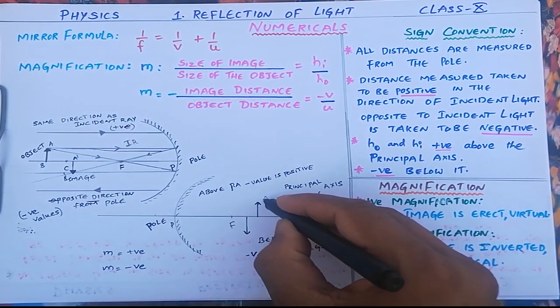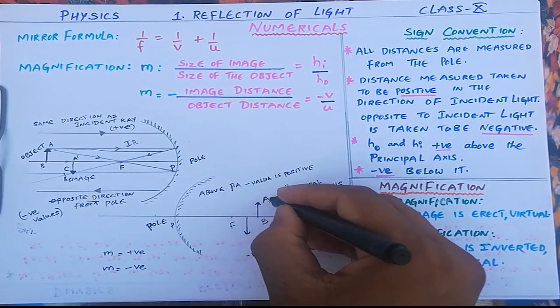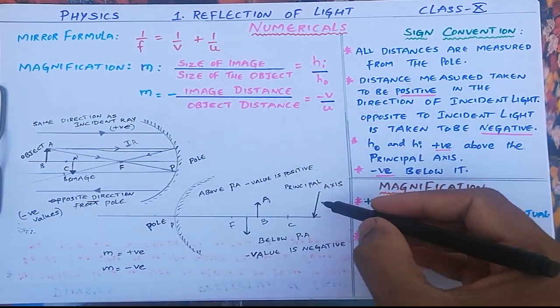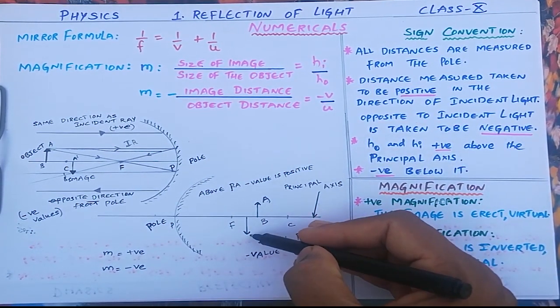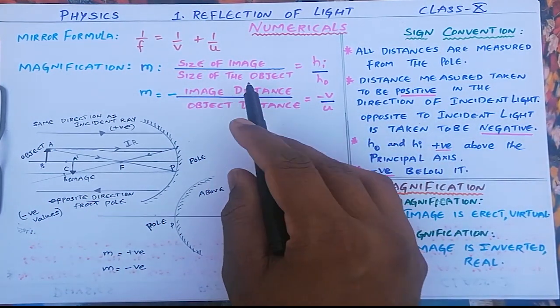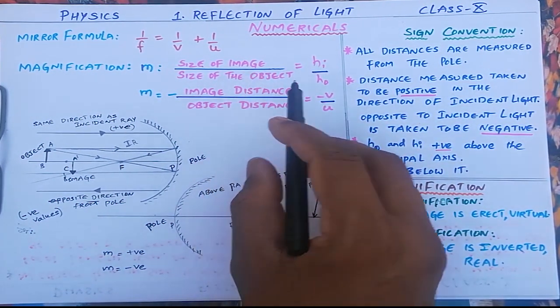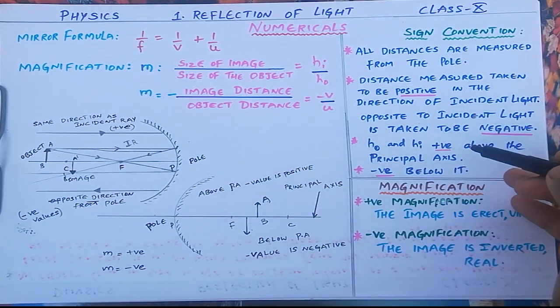If we consider this one is object AB, this one is above the principal axis, so above the principal axis should be taken as positive. If it is below the principal axis, the image will be taken as negative. So these are the sign convention rules.